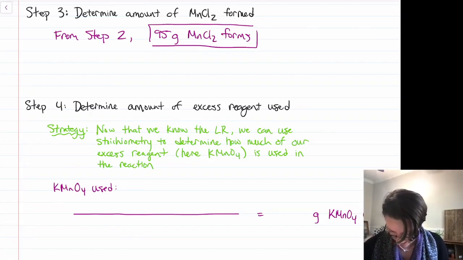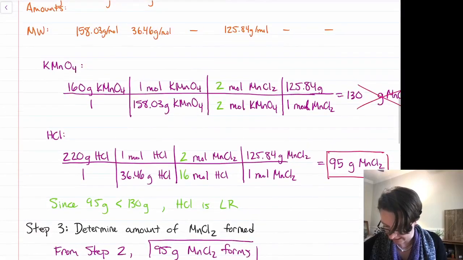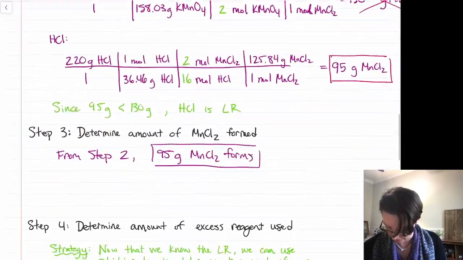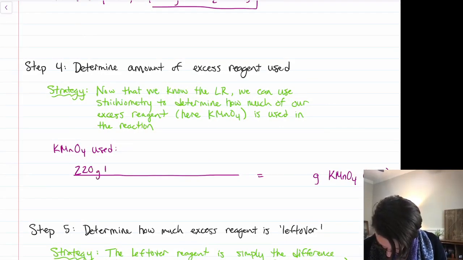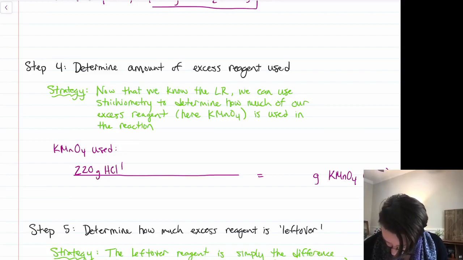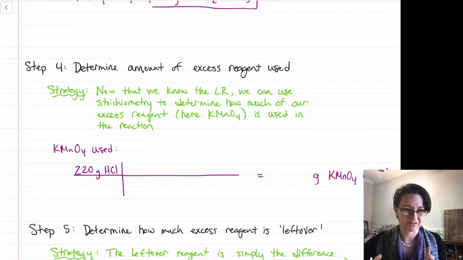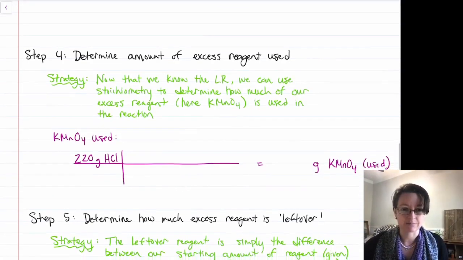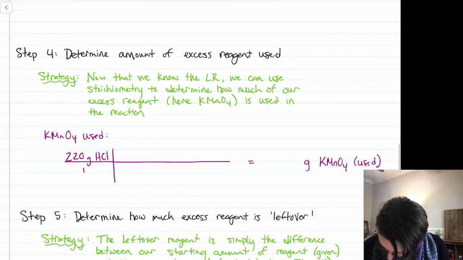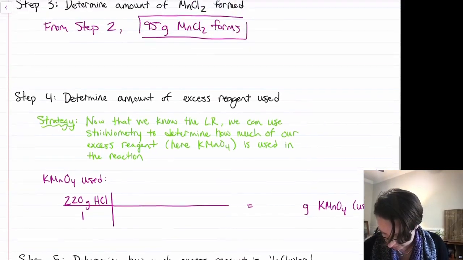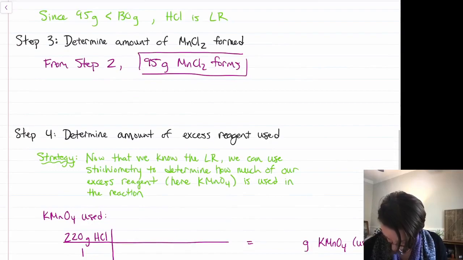And so I am going to go ahead and start one more time with my HCl, which we have 220 grams of, and say that our 220 grams of HCl does correspond stoichiometrically, in other words, in a mole to mole ratio, with how much of our potassium permanganate gets used during the course of the reaction. And so we'll need to do one more time a grams to moles conversion.